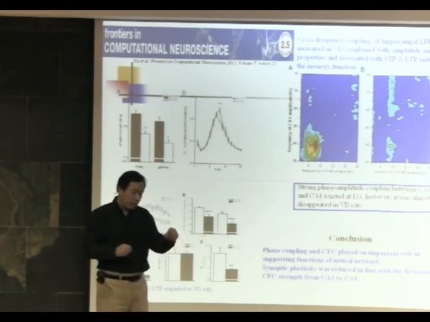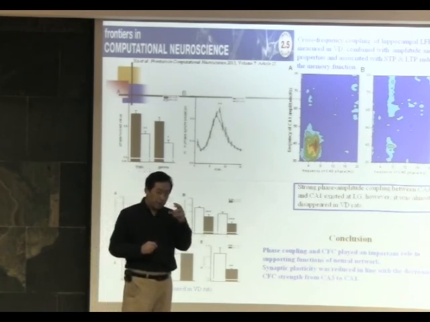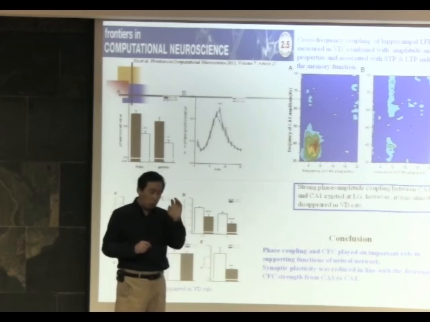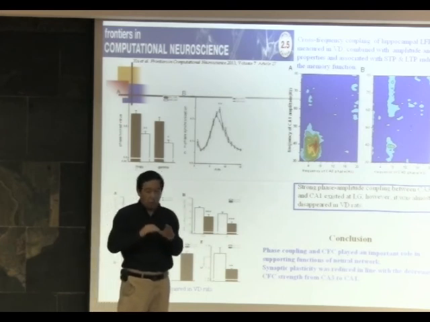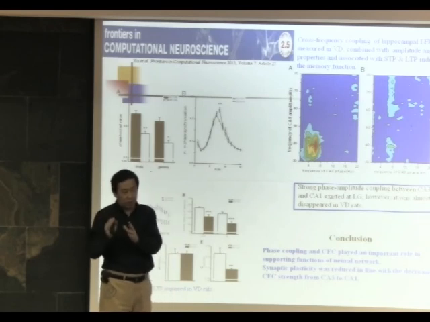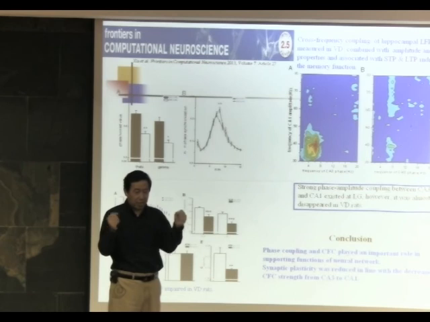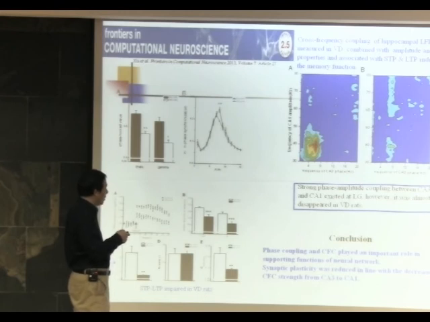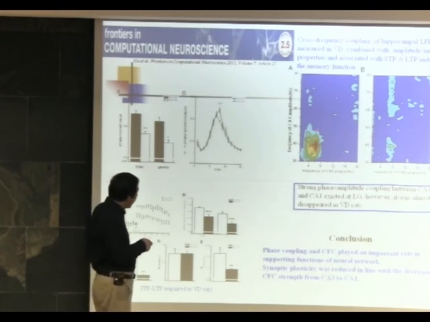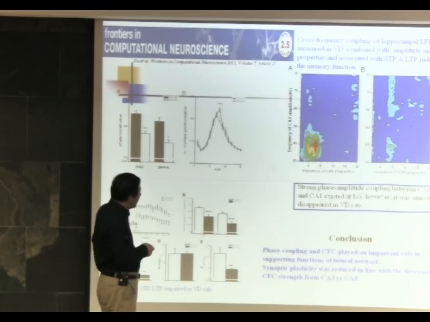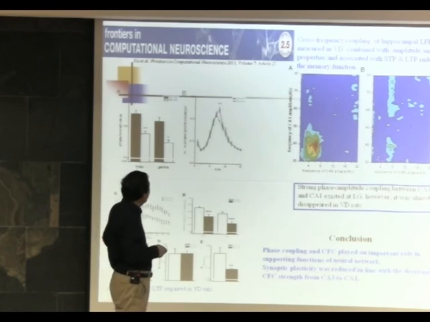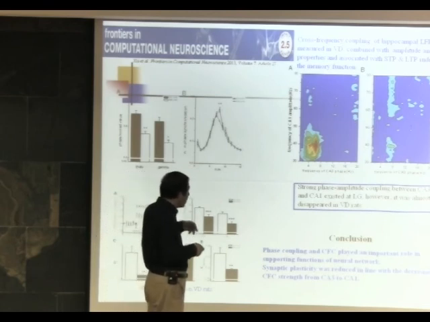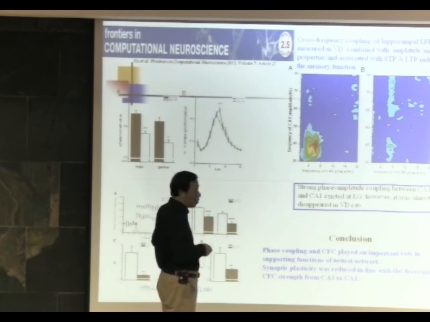We extract the signals: one is the theta phase, one is the gamma amplitude. Then we measure their coupling strengths. So this is what we call cross-frequency coupling. We can see that in the normal state, there is quite strong cross-frequency coupling. However, it nearly disappears in the vascular dementia rats.